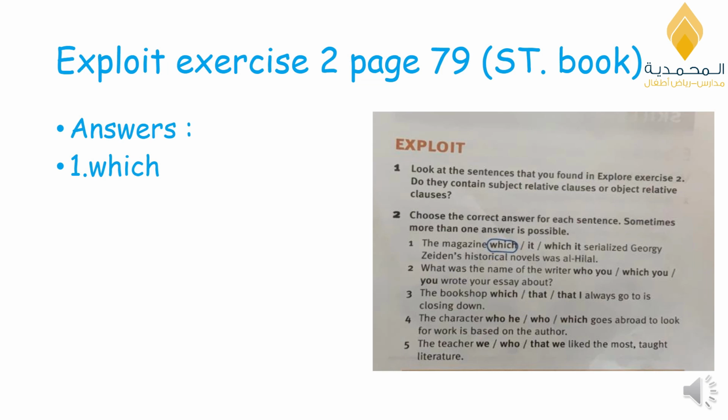Let's see the first sentence. The magazine which serialized Georgie Zidane's historical novels was Al-Hilal. Okay, here I have to use which, right? It refers to the magazine and it's the most suitable answer.